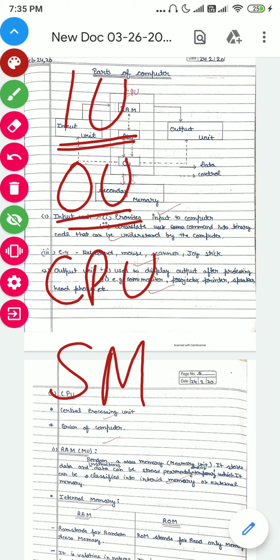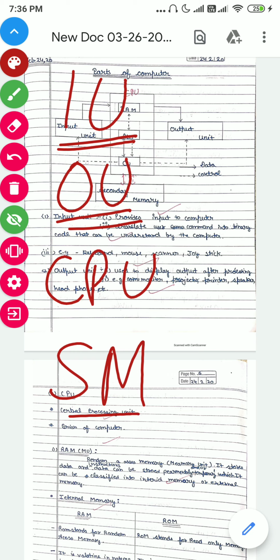The output unit will convert the binary language into human readable language. Examples of input units through which we give input are keyboard, mouse, scanner, joystick and many more. Output unit examples are monitor, because on the monitor the output is given out by the computer, projector, printer, speaker, headphones, all are examples of output units, class.